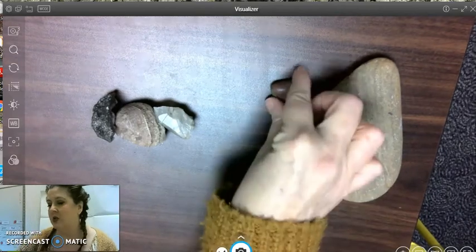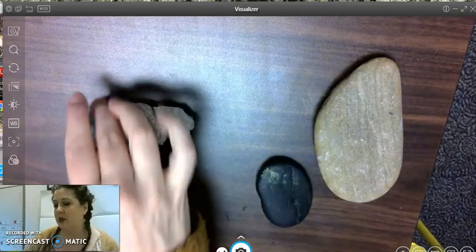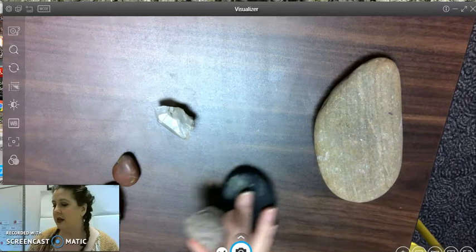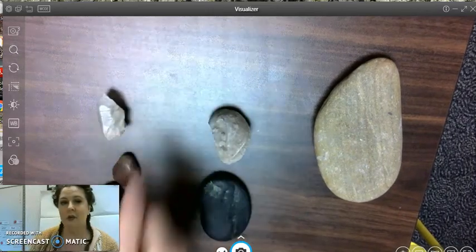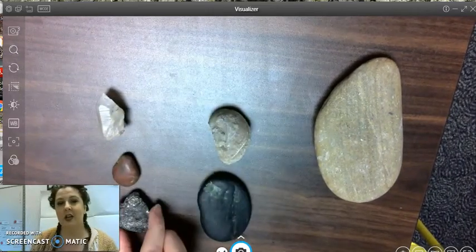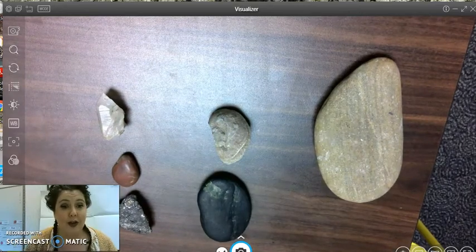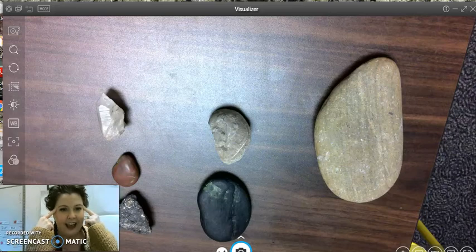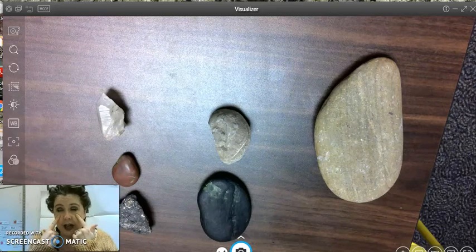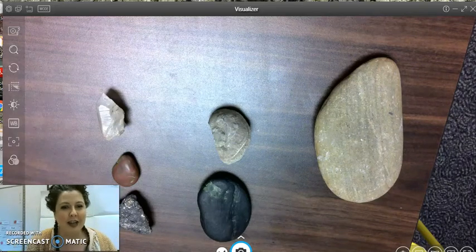And then finally, I could also sort my rocks by size. I could do a collection of small rocks, a collection of medium rocks, and a collection of large rocks. I hope that you will use your creativity and your I Spy eyes today to find a collection that you can sort by attribute.